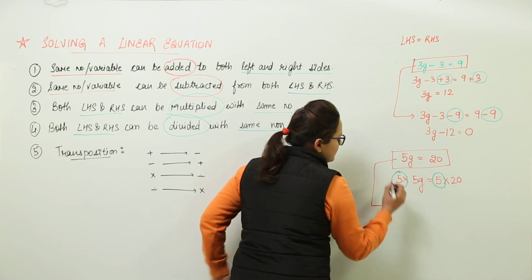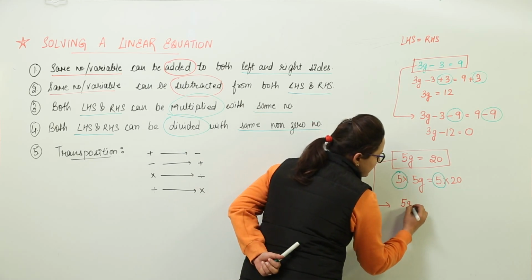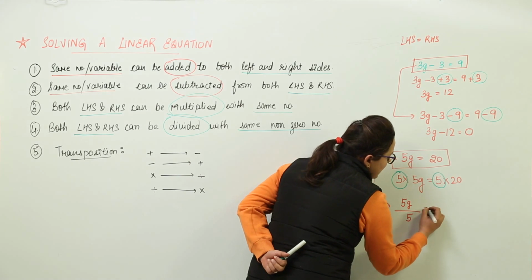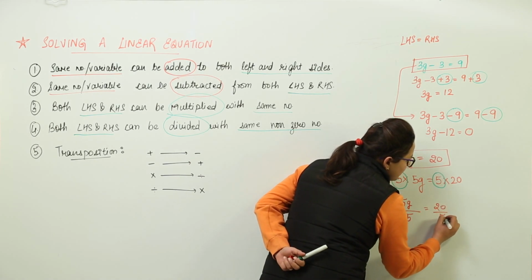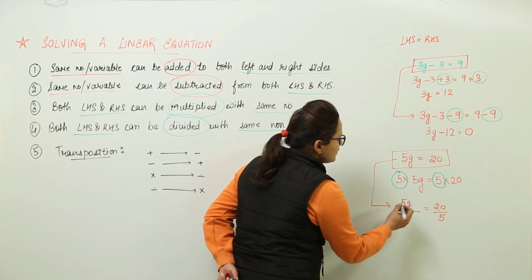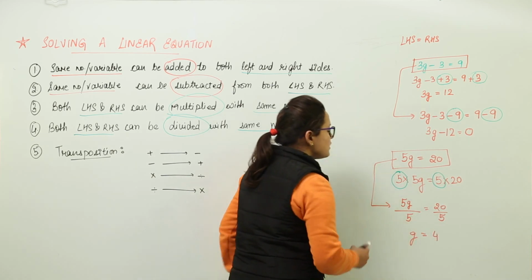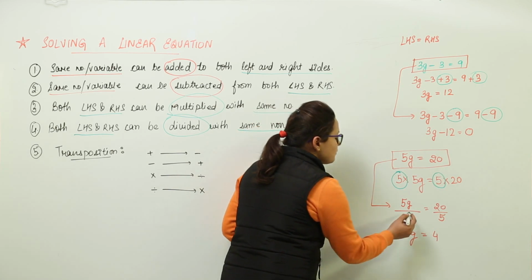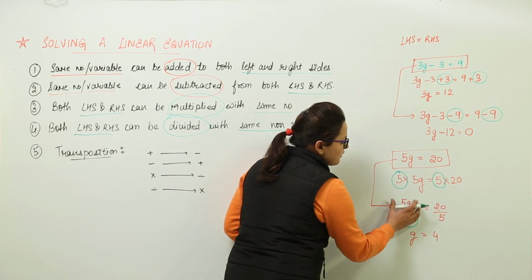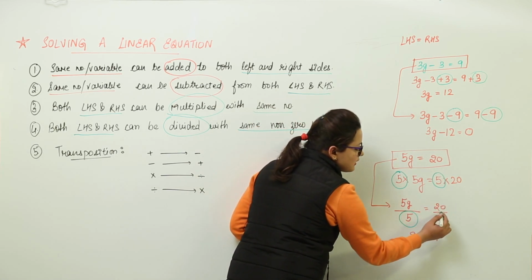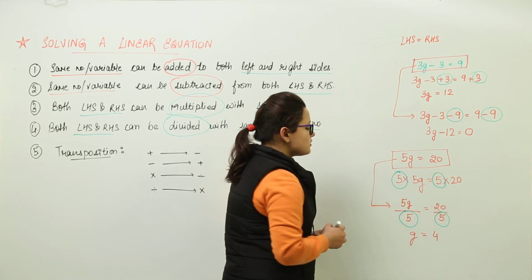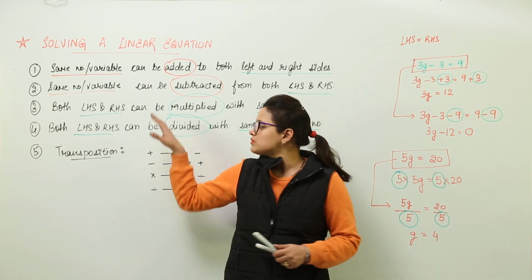If I want to divide this by the same number, let's say I am dividing the left hand side by 5 and the right hand side also by 5. You can check what we get. Here we will get simply g equal to 4. So we can apply this rule, dividing the left hand side by 5 and the right hand side by 5. This is how we can apply these 4 rules.